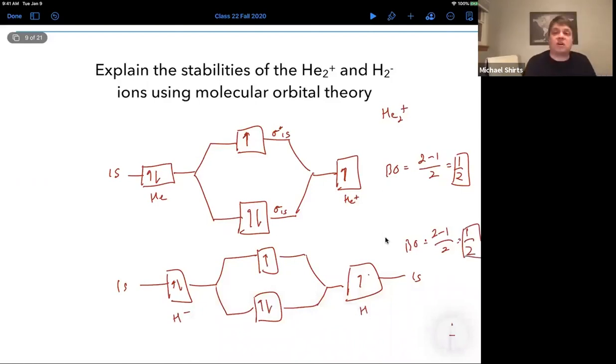3 electrons, two of them in the sigma 1s orbital, one in the sigma star 1s orbital. And so we therefore have half bond order. And you could ask, well, what's the difference between these two? They've got 3 electrons, but the helium ions have 2 protons in each of those.